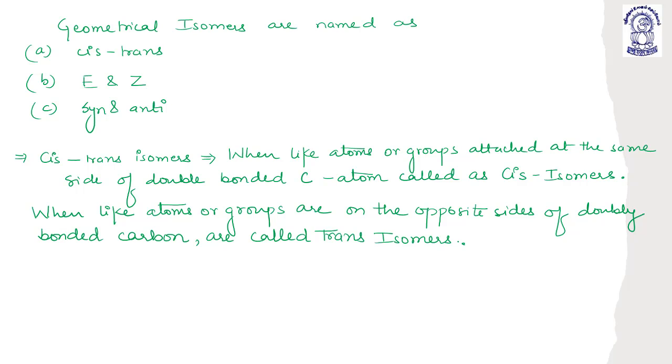Understood? So, a carbon-carbon double bond: you can see the same groups are attached on the same side of the plane of rotation. This is a cis isomer.